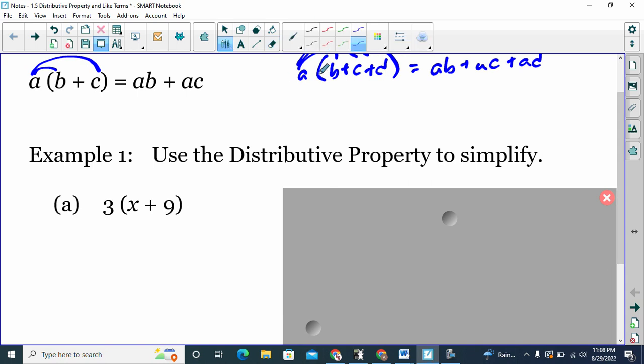To use the distributive property, we take the number that's out front, in this case 3, and we multiply it by the first one. 3 times x. We can just write that as 3x. And then we take the number that's out front and multiply it by the next one. That's going to be 3 times positive 9. 3 times 9 is 27. That's a positive 27, so plus 27.